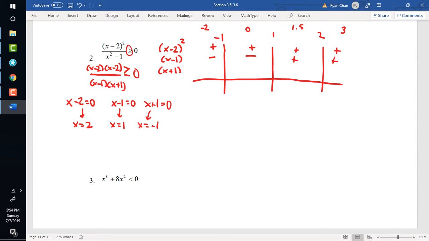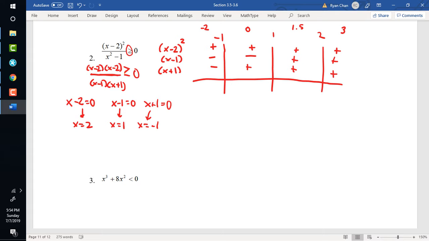But the other two are positive. And then the last one here is going to be negative, and then the rest are positive. Okay. Let me double check. Yeah, 1.5 minus 1 is positive 1/2. Yep. And same thing here.